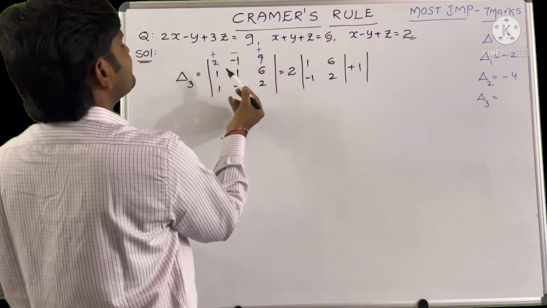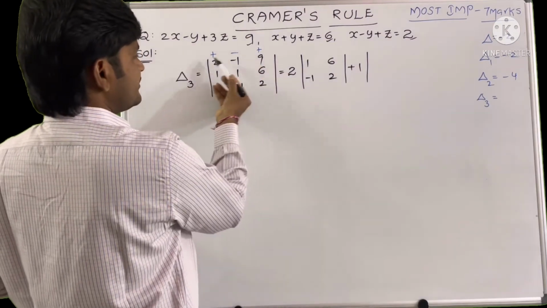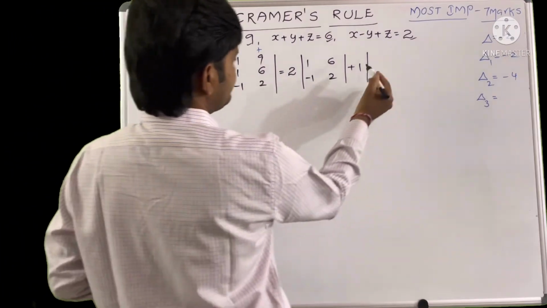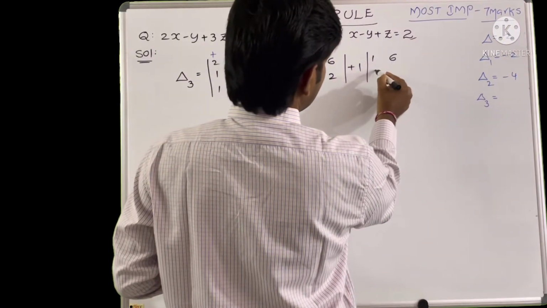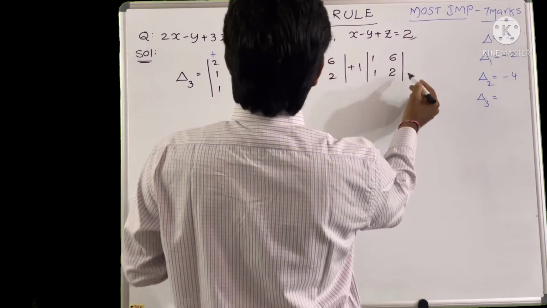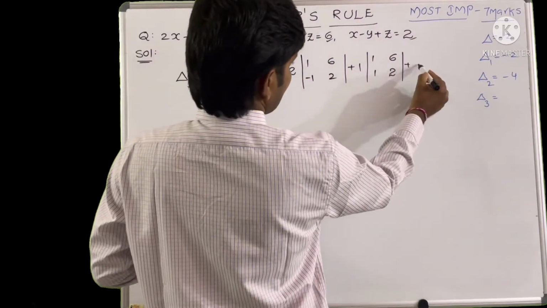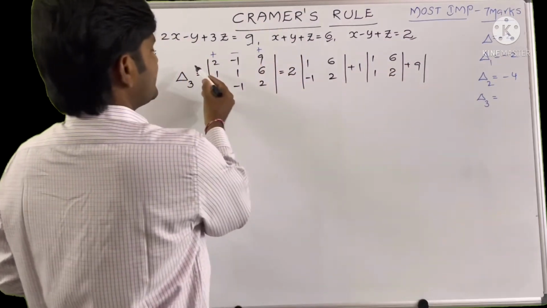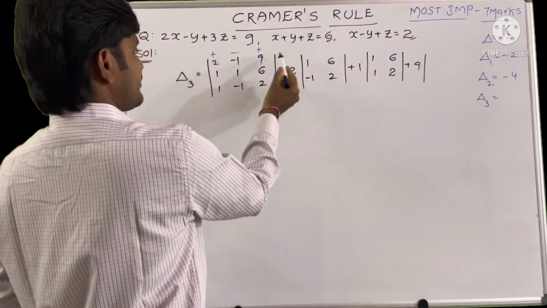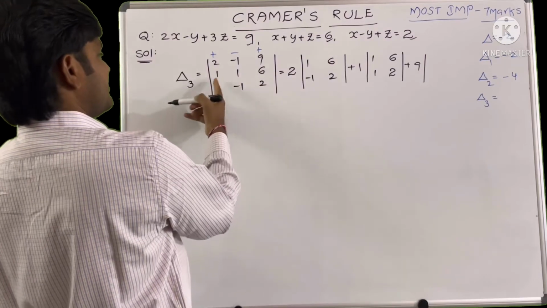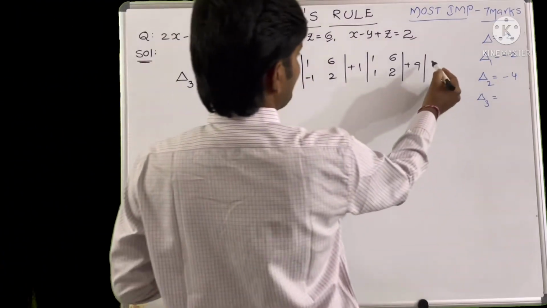Then plus into 9, with its row and column removed, the remaining 4 elements are 1 1 1 minus 1.